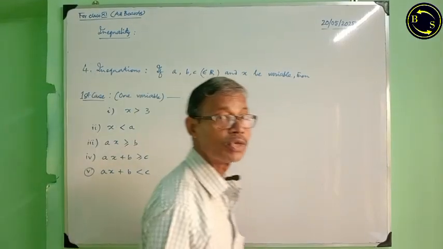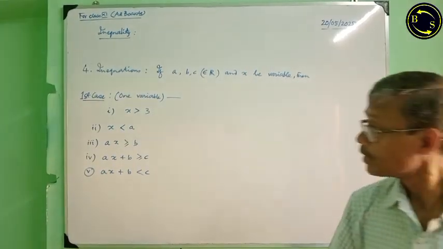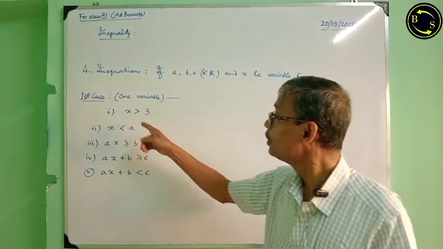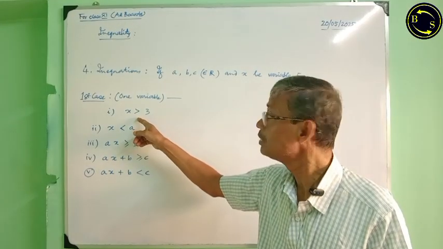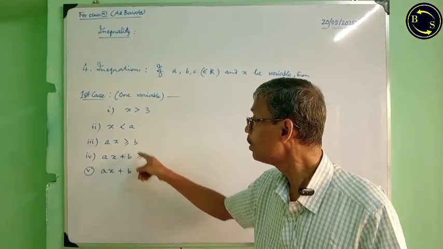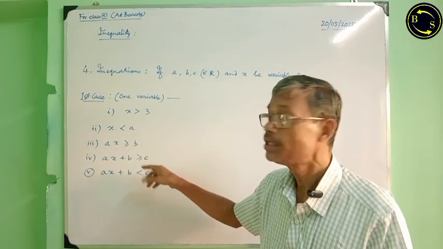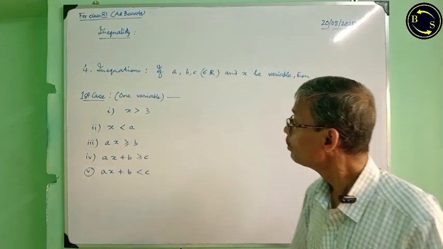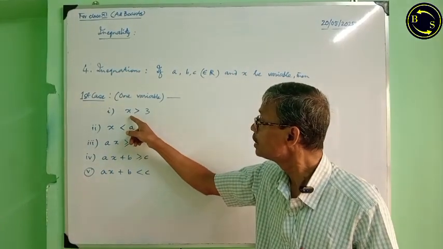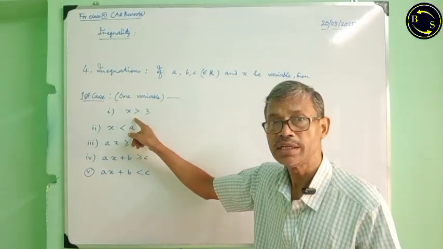All these are inequations, because in place of the equality symbol, which we got in case of an equation, there are inequality symbols. Therefore, these are inequations.